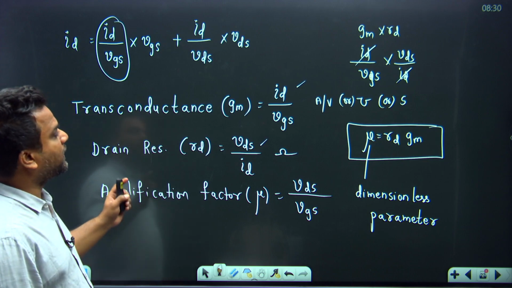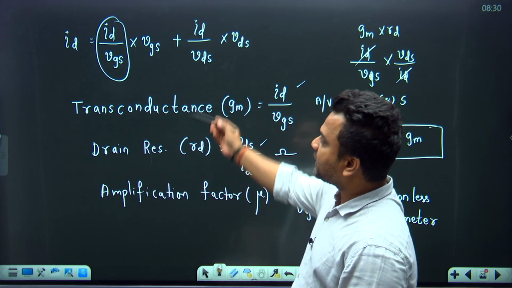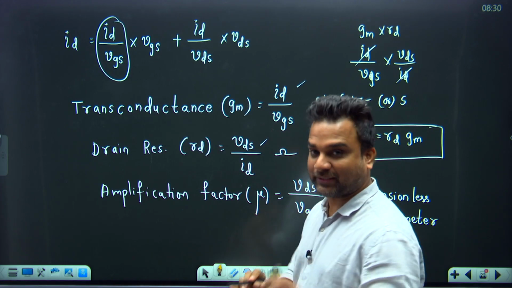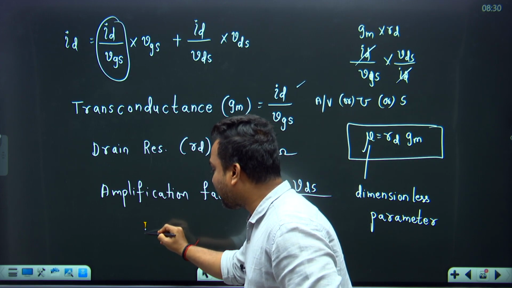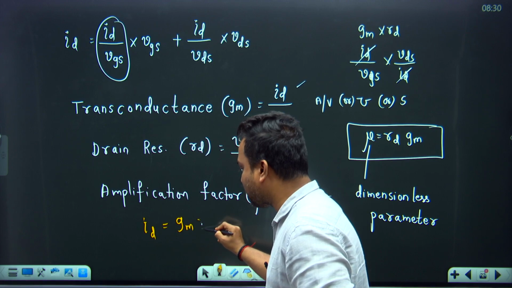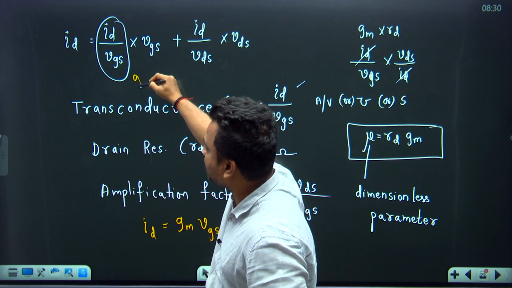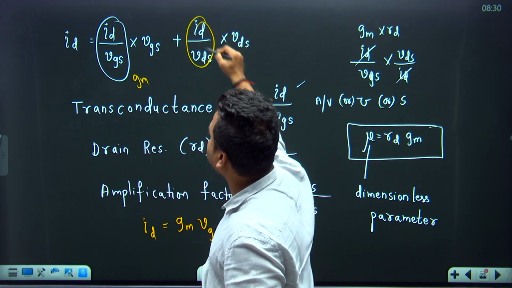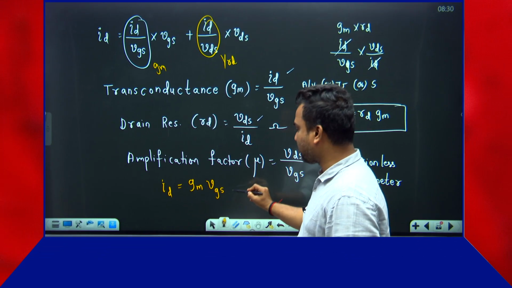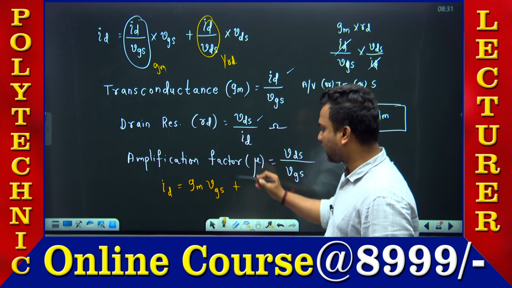These are the JFET parameters. So ultimately this expression can be written as ID equals GM VGS, because guys, in place of ID by VGS we can write GM, and ID by VDS can be written as 1 by RD.